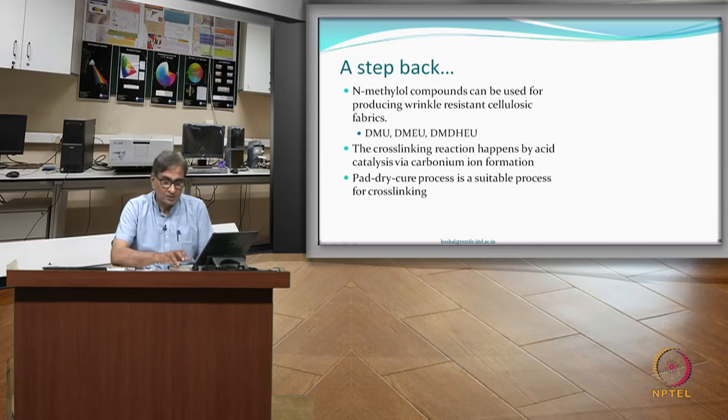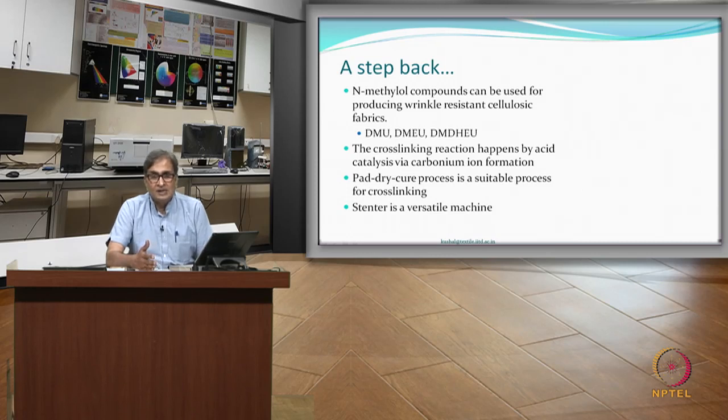This is an important process, which we believe will always give you a smooth surface. We also learned that the machine we rely on other than a mangle is the stenter, which can control the dimension of the fabric which is being finished.